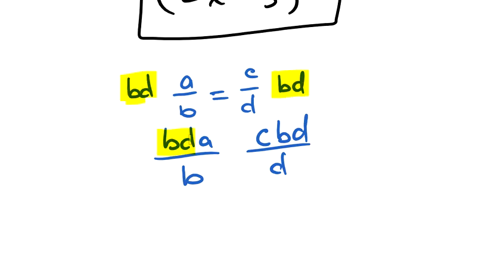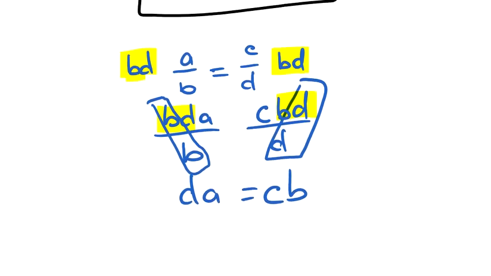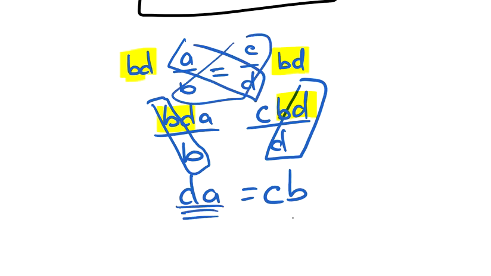It turns out I have a giant 1 on this side. There is a D over D, which leaves me a CB here, and there is a DA on the other side. So you can see clearly at this point that this shortcut, A times D, is the same as B times C.